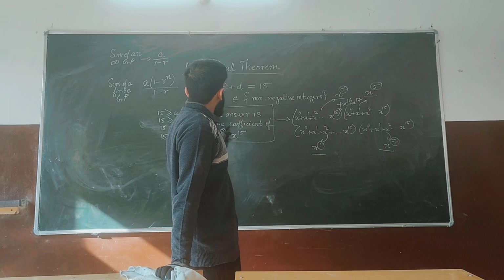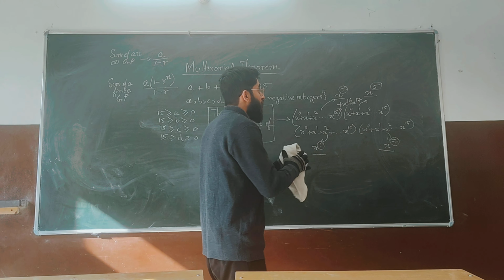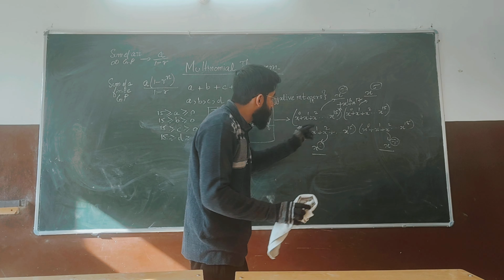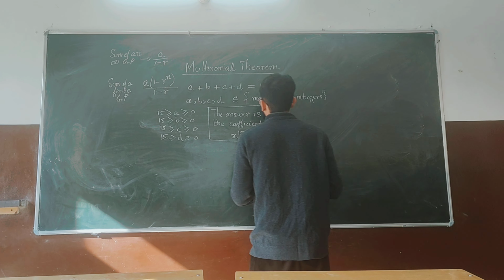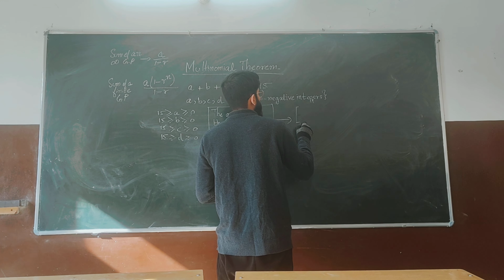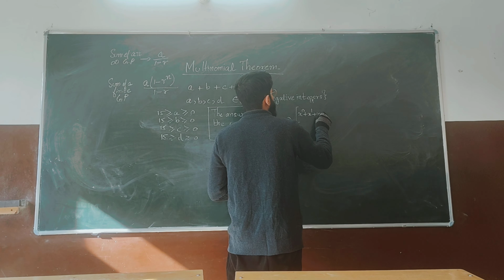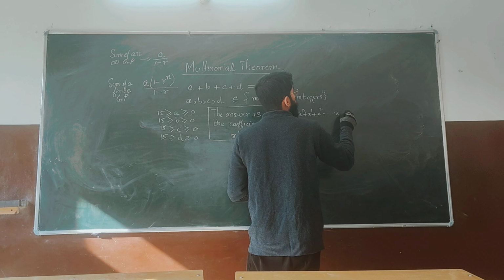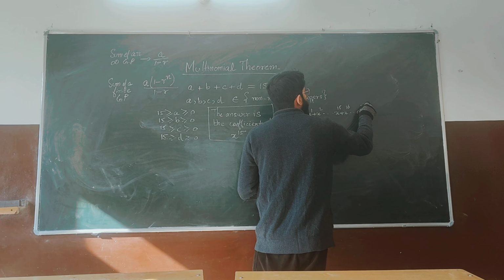Okay? So I could say this entire answer will not change if I slightly tweak this series and make it such. The answer is still the coefficient of x to the power 15, but this time I will start with x to the power 0, x to the power 1, x squared, and instead of stopping at 15, I will continue and go till infinity.